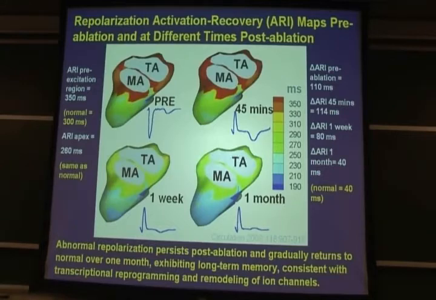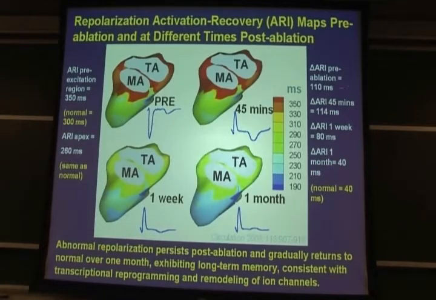Then we call the patient back, we bring them back a week later, and you still have abnormally long action potential here. In fact, what happens is the following. You look at the T wave, it's inverted, still inverted, becomes flatter but still inverted 1 week, but finally becomes upward like it should be only after 1 month.